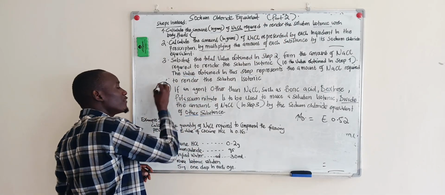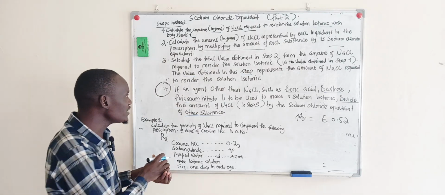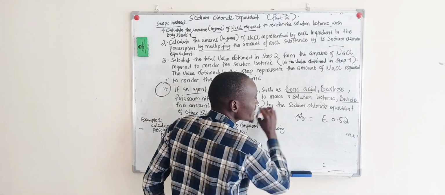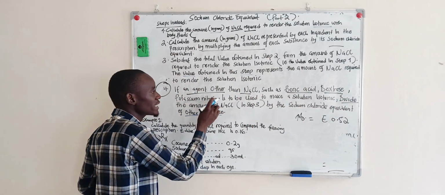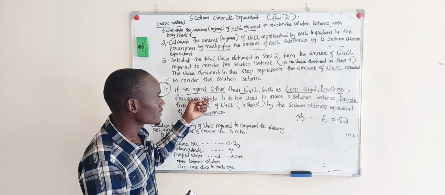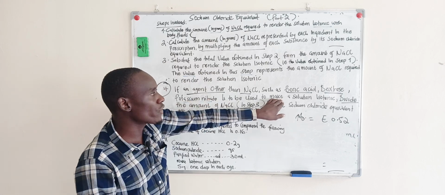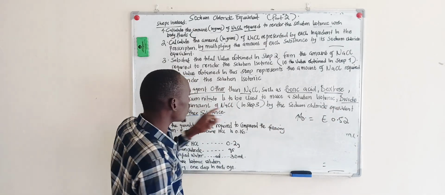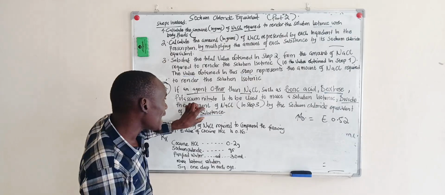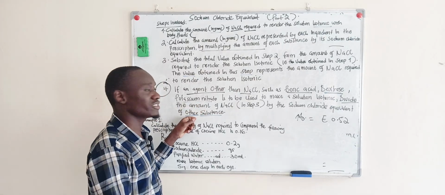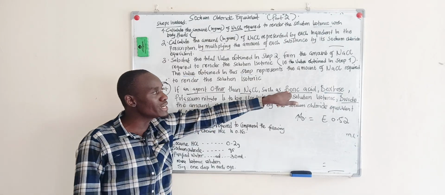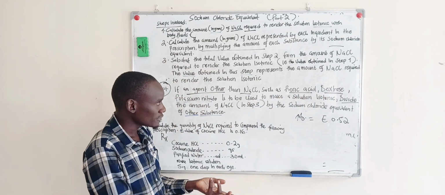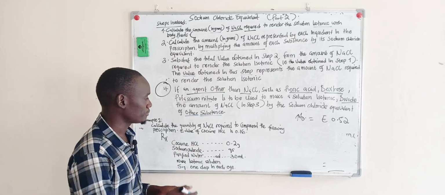Then, in the fourth step, if an agent other than sodium chloride, let's say boric acid, dextrose, or potassium nitrate, is to be used to render a solution isotonic, we divide the answer we obtained in step 3 by the sodium chloride equivalent of the other substance, which in this case can be boric acid, dextrose, potassium nitrate, or any other. Let us look at the first example.